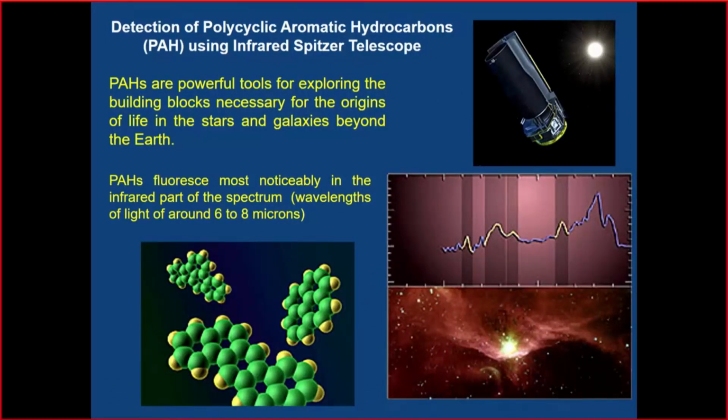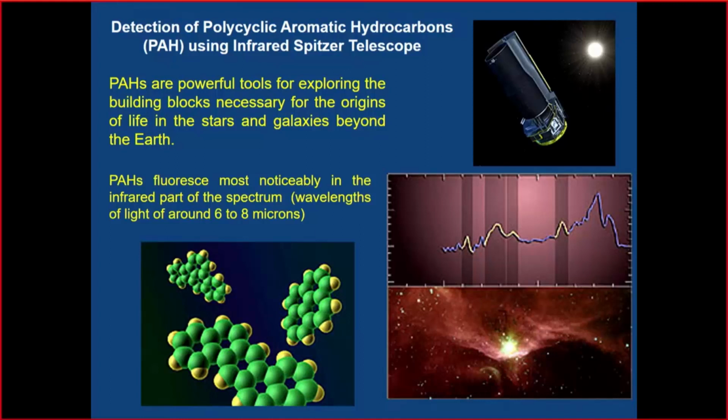Besides such observations, detection of polycyclic aromatic hydrocarbon, which we call PAH, is also one of the methods by which you see galaxies. These PAHs are a powerful tool for exploring the building blocks necessary for the origin of life in stars and galaxies, and PAH fluoresces in the infrared region at 6 to 8 micrometer.